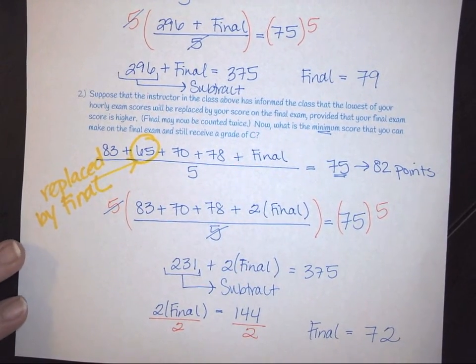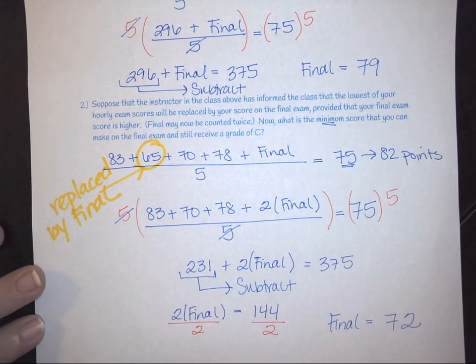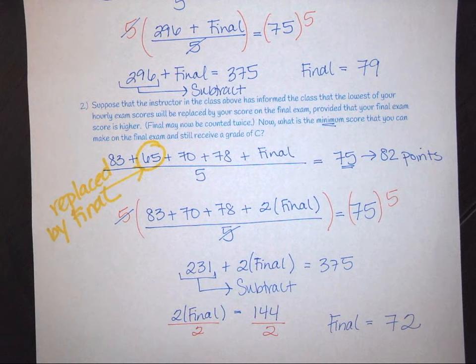So those are 2 examples that kind of demonstrate how grades in a course work and how you would go about trying to figure out what you might need to make on a final in order to pass your class.